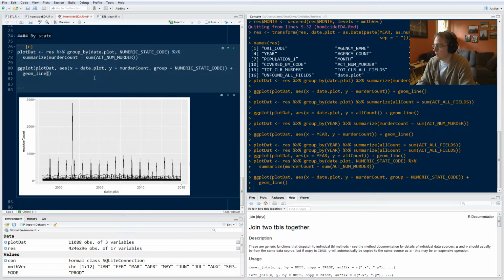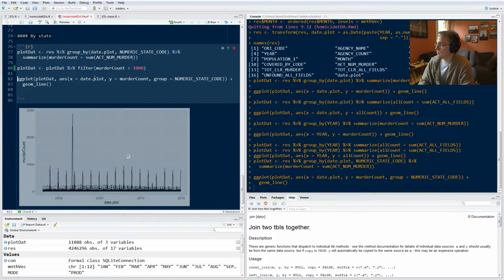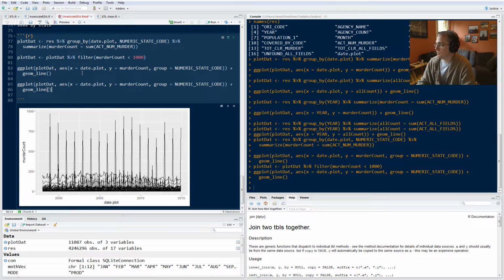Not very illuminating when we facet it by line, or break it out by line. The spike is really a problem. So one thing we can do is, again, this is exploratory.